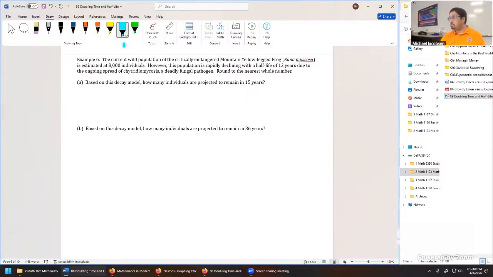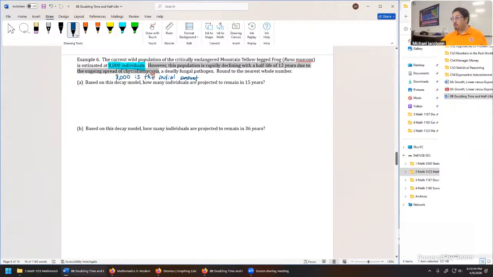But we would consider that to be an initial amount in our formulas. 8,000 is the initial amount. And we're told that it's also, unfortunately, rapidly declining with a half-life of 12 years. And the major challenge for this particular frog is ongoing spread of that fungal pathogen. I should have practiced that.